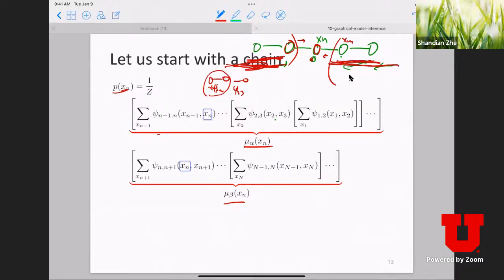Right? And similarly, for the backward message, you can start from the rightmost potential function, you aggregate the rightmost variable, you get intermediate results, you multiply the second rightmost potential function, and you get intermediate results, and you do this from right to left until you reach xn.